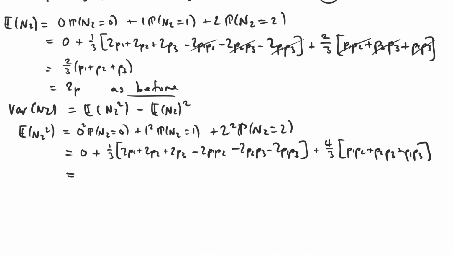I've got this 2/3 p term, right, which is actually, so 1/3 times 2p1 plus 2p2 plus 2p3 is actually 2p, so let's just write that, and then I get minus 2/3 plus 4/3, so I get plus 2/3 times p1 p2 plus p2 p3 plus p1 p3, and that's that.